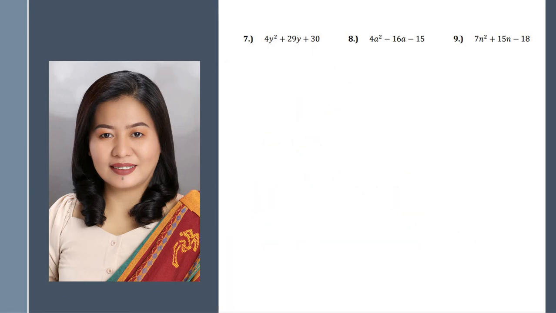Let's have number 8. 4 times 15, that's negative 60. So we list down the pairs of factors of 60 that give a difference of 16. We start with 2 and 30, that gives us 28.